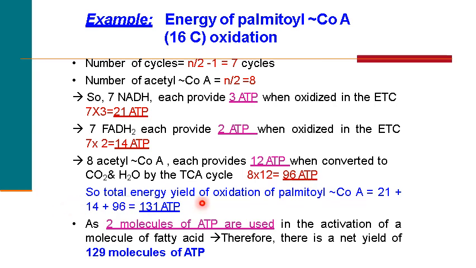So the total energy yield for the oxidation of palmitoyl coenzyme A is 131 ATP. But two molecules of ATP are used in the activation of the fatty acid. Therefore, there is a net yield of 129 molecules of ATP. So we can see that fatty acid is a huge source of energy.